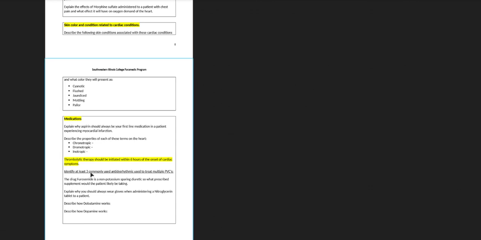Identify at least 3 commonly used antidysrhythmics used to treat multiple PVCs. So I'm assuming they mean something a patient would be prescribed rather than something we would give the patient.